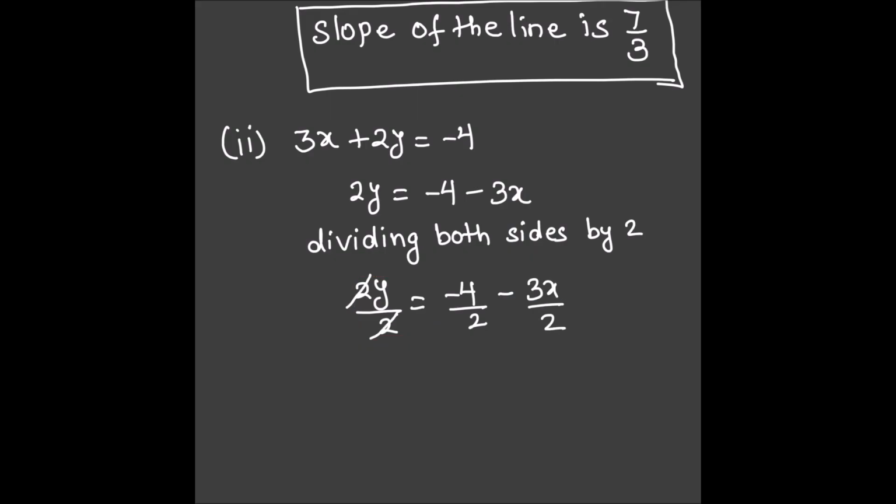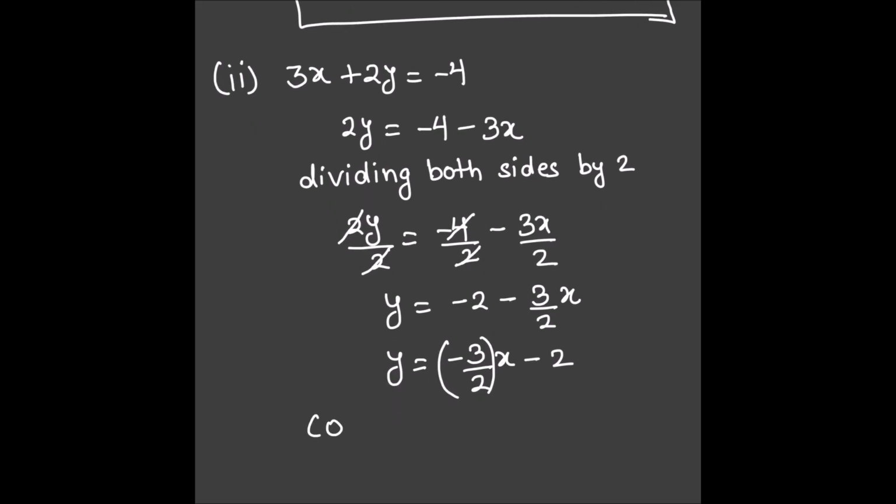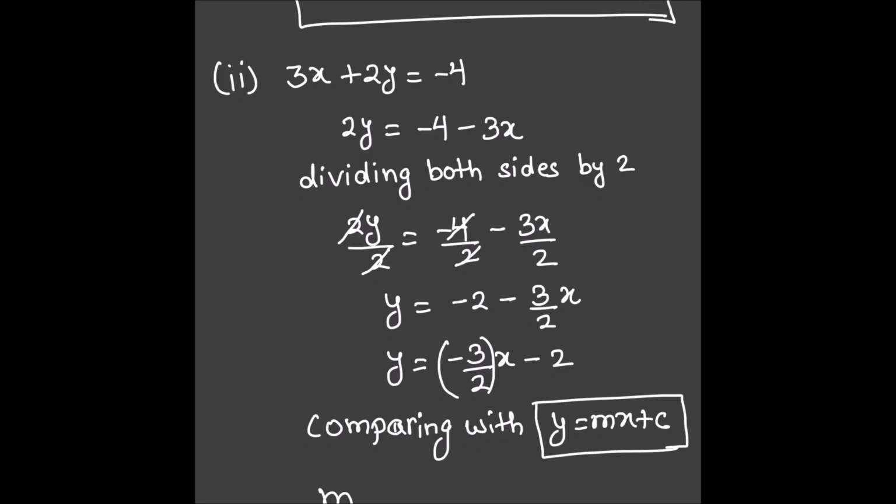So this 2 and 2 will get cancelled. This will be y equals negative 4 upon 2, which is negative 2, minus 3 upon 2x. Switching the x term and constant, this will be y equals negative 3 upon 2x minus 2. So comparing with y equals mx plus c, m equals negative 3 by 2.